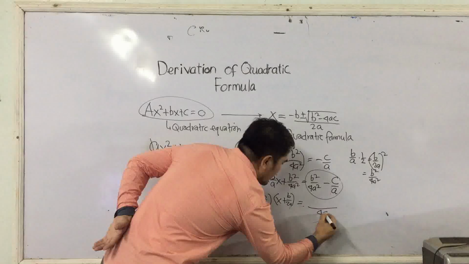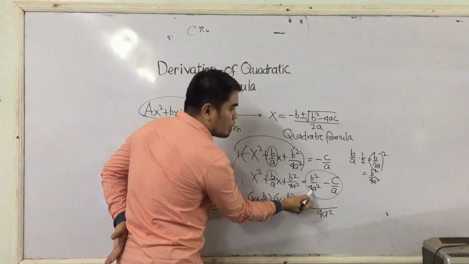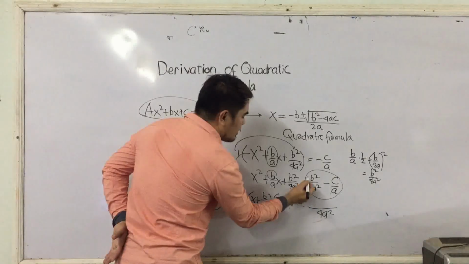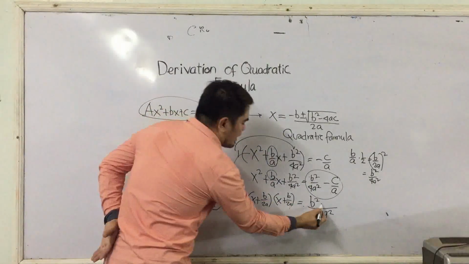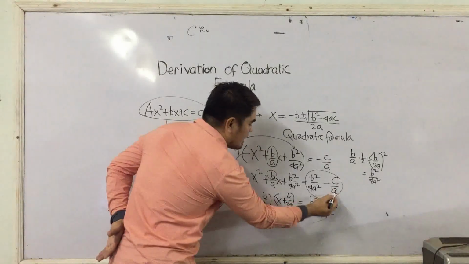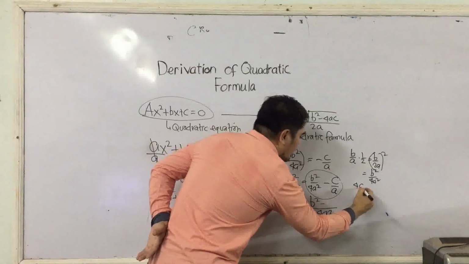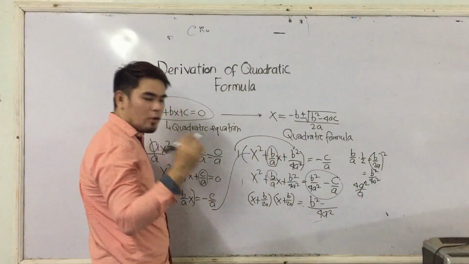We have 4a squared. Then 4a squared divided by 4a squared equals 1, times b squared equals b squared. Then minus, 4a squared divided by a, divide out. So the answer is 4a.